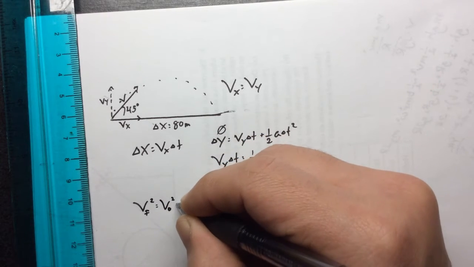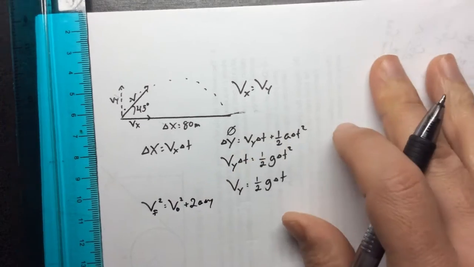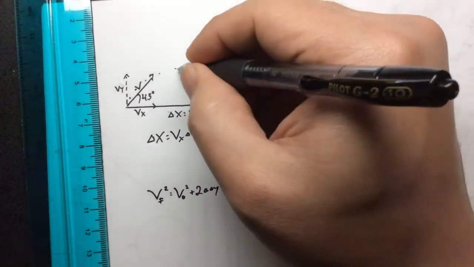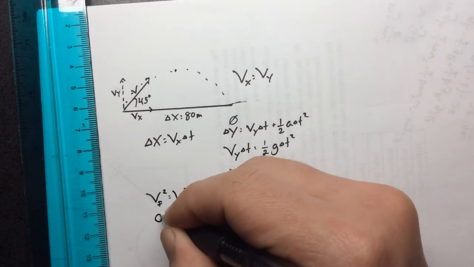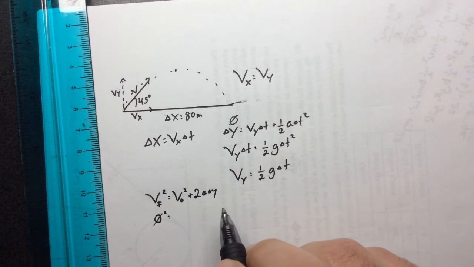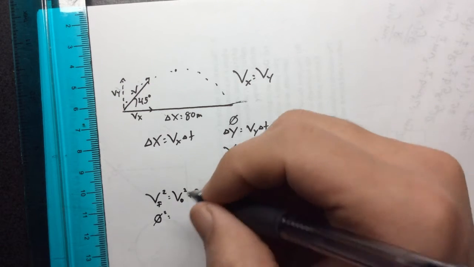This is Torricelli's equation. So my goal here is to get, well, the final velocity at this point should be 0. So my goal here is to get this initial velocity. I know a, and I'm looking for delta y. So if I can find initial velocity in the y direction, then that'll be awesome.